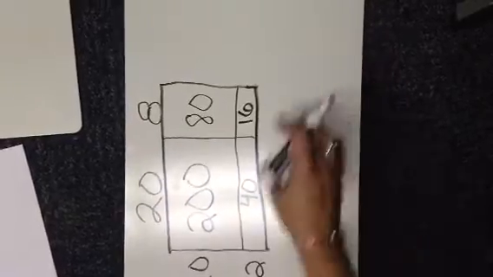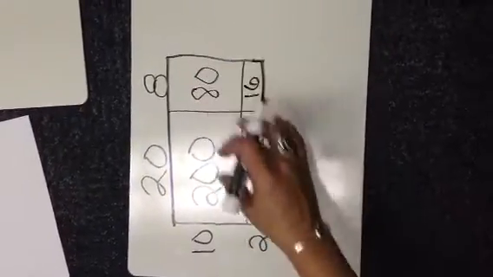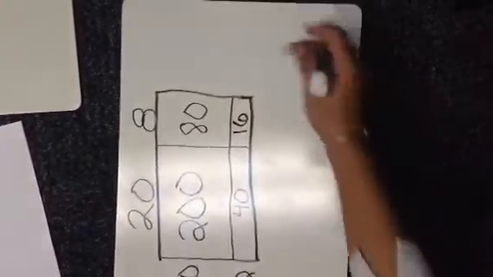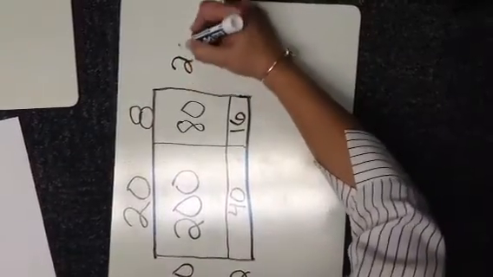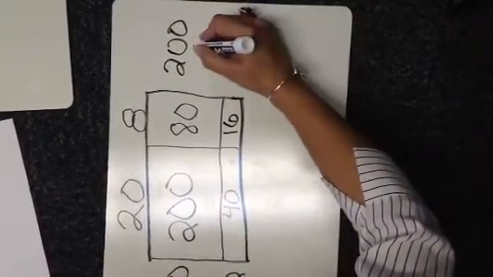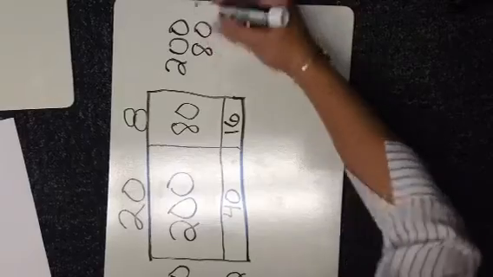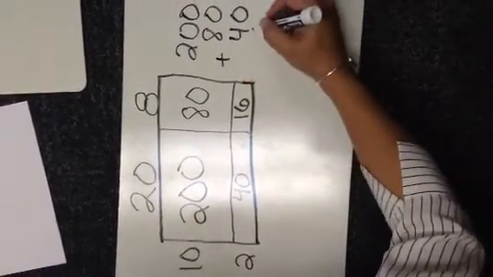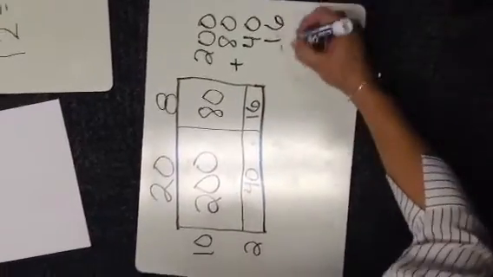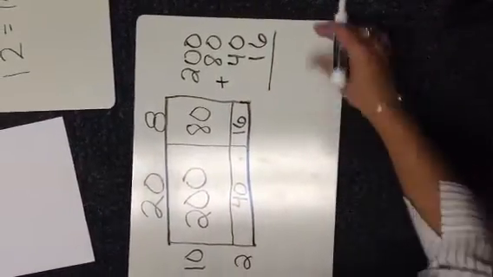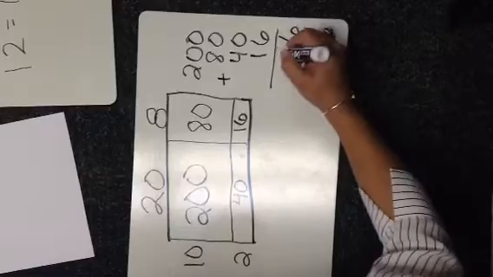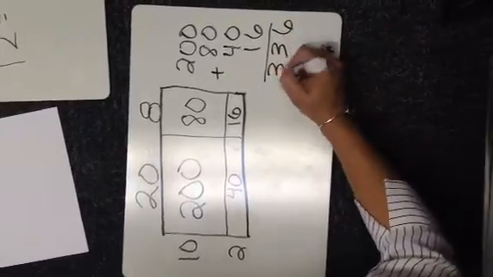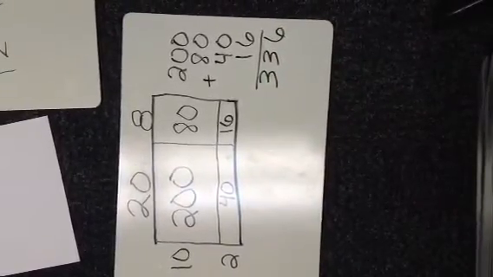Now, we are simply going to add all of these values. 200 plus 80 plus 40 plus 16, which gives us 336.